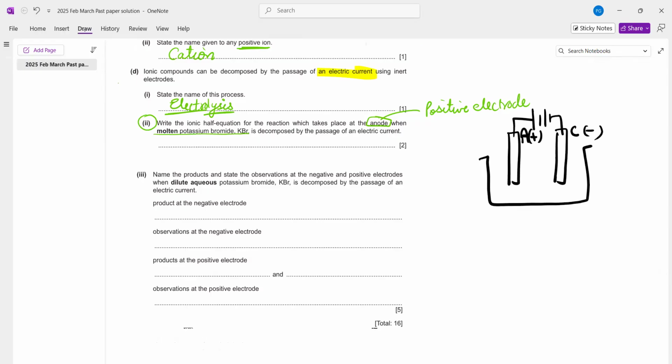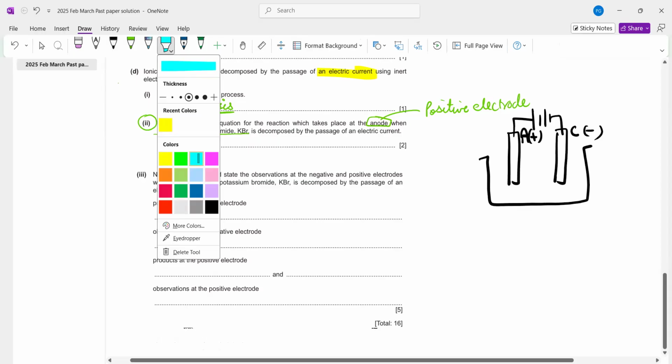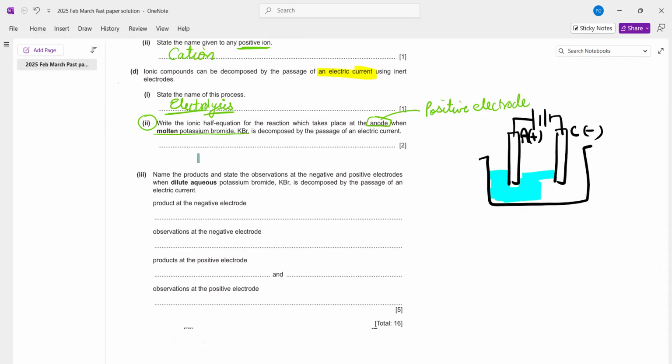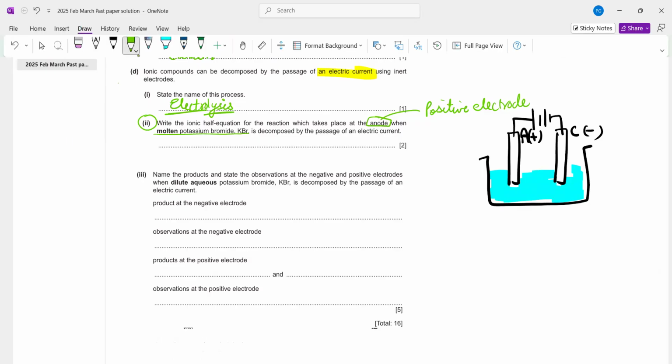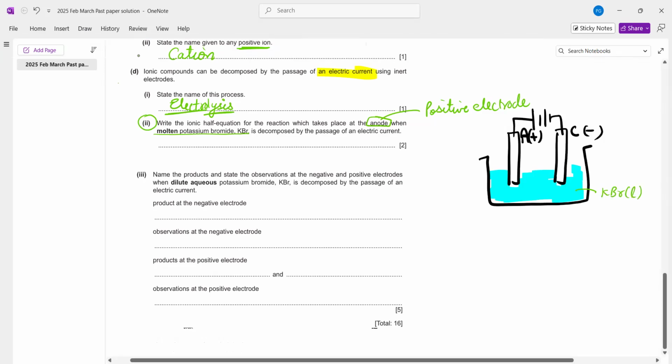And here we have the electrolytic solution filled, which can be a molten ionic compound or an aqueous solution of an ionic compound. In this case, what they are saying is that we have molten potassium bromide. So this is KBr liquid. Now, dear children, when this is KBr liquid, it will definitely have K+ and Br- in the system, right?